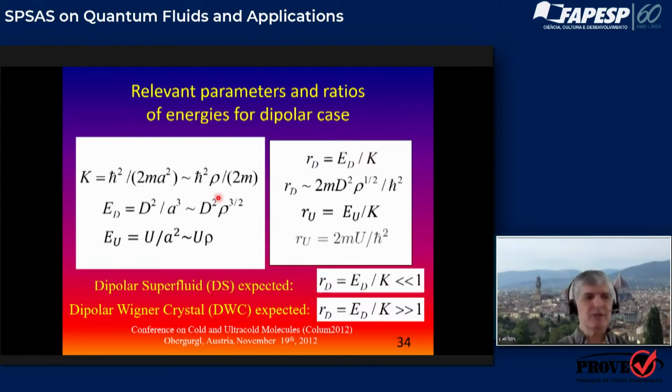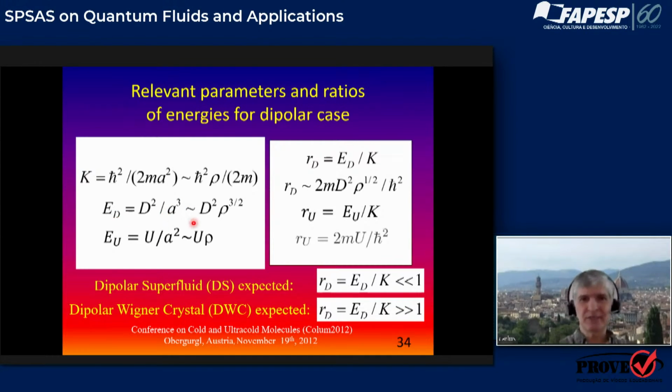The relevant parameters in this problem are the ratios of these energies. The kinetic energy can be identified with 1/A squared, A being the typical interparticle spacing. So the typical kinetic energy of the system is proportional to the density, rho being roughly 1/A squared. The dipolar energy is associated with D squared, the dipole moment squared, divided by the typical separation cubed, A cubed.